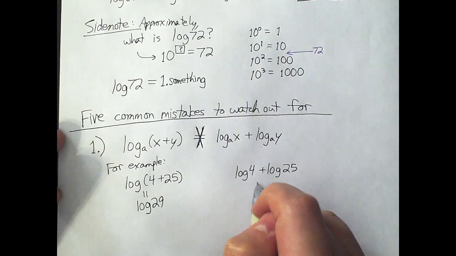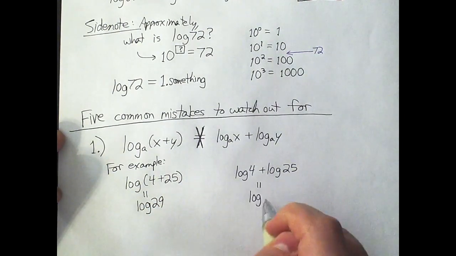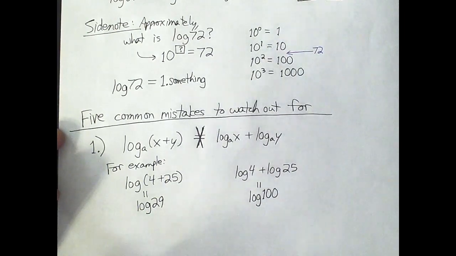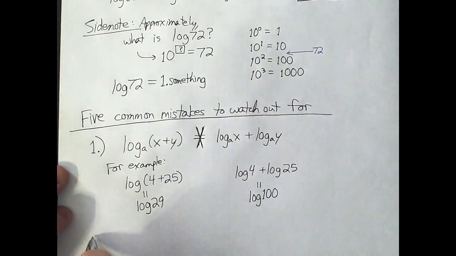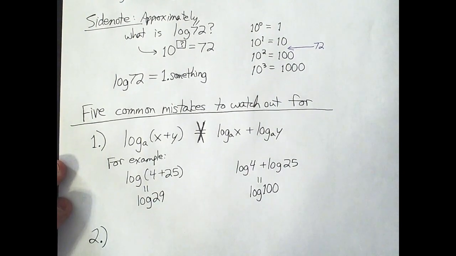On the right, we would use law 1 to say this is 4 times 25, which is 100. So I hope that you can see that these are not equal to each other. One of them is log 29, one of them is log 100. So watch out for that kind of mistake. You can't split up a log in that way. It almost looks like law 1. It's kind of like a mistake version of law 1.